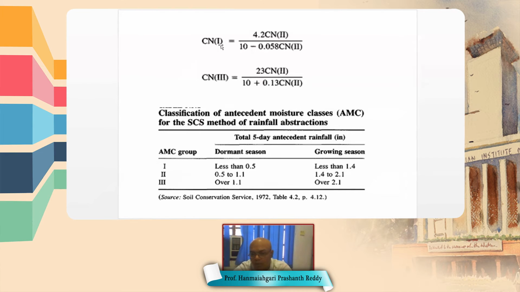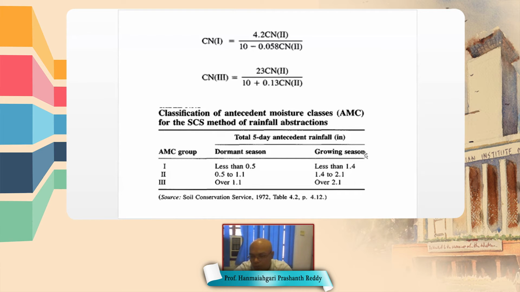Okay, this is the curve number for type 1, that means dry soil, whereas curve number 3 is for wet conditions, and within the dry and wet conditions, the normal conditions, they divided again into two types depending upon antecedent rainfall: dormant season and growing season of a crop.